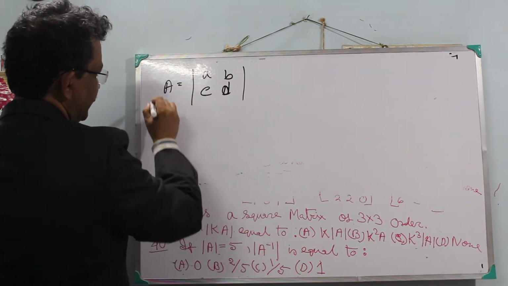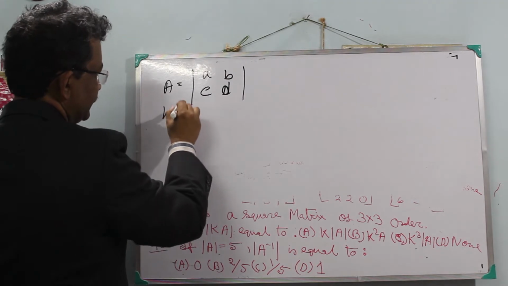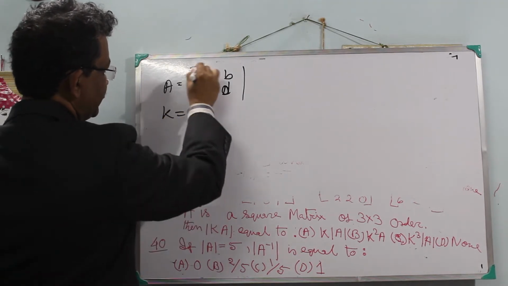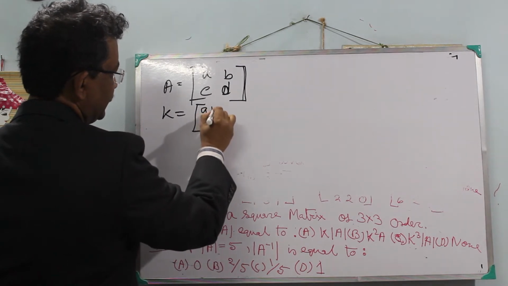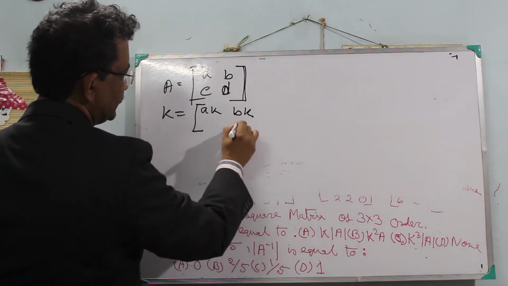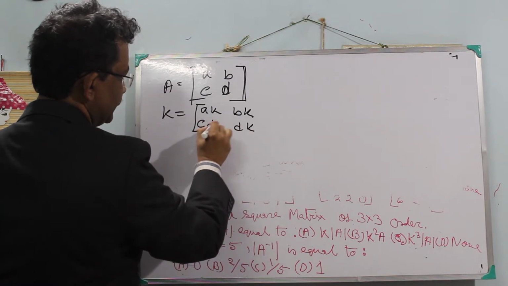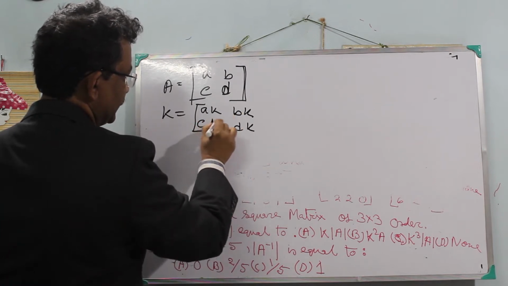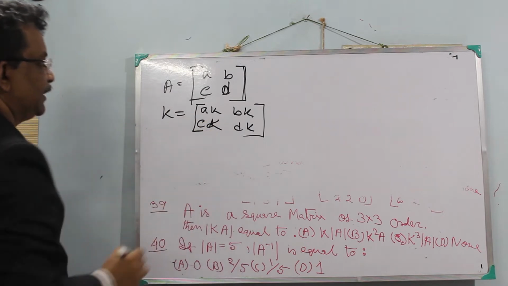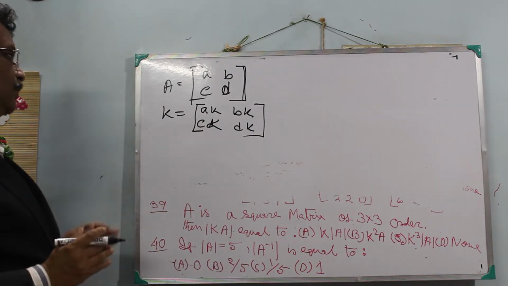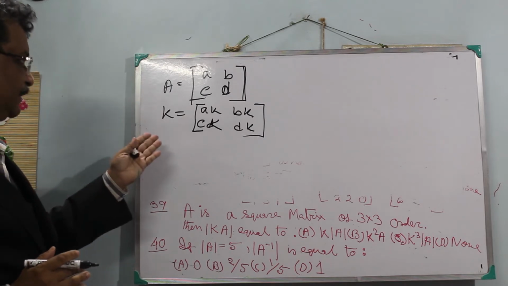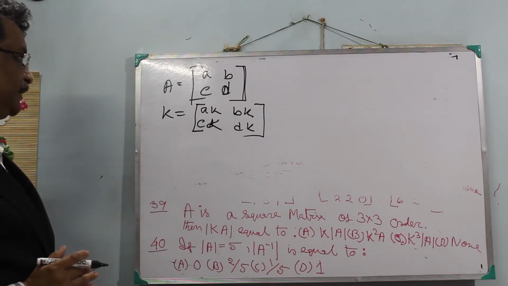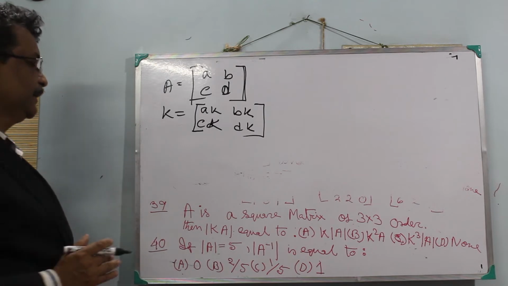If you multiply A by k, each and every element gets multiplied by k: ak, bk, ck, dk. If a matrix is multiplied by k, each element is multiplied by k.